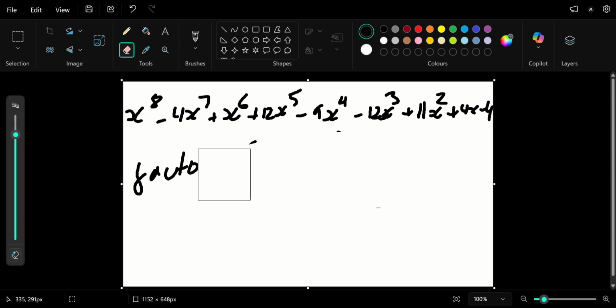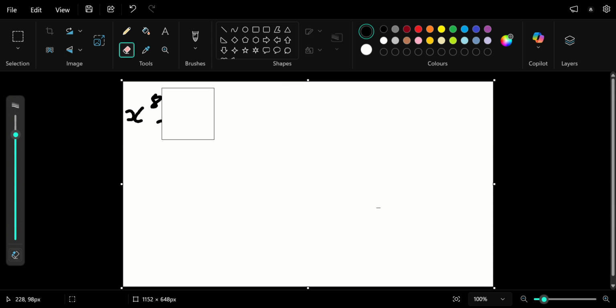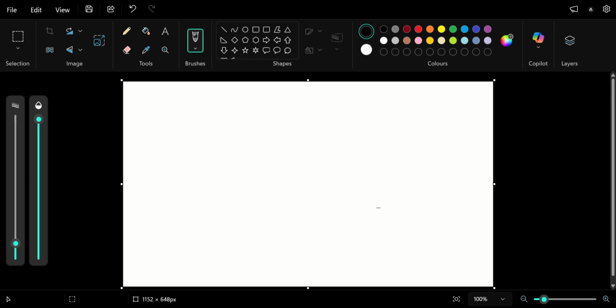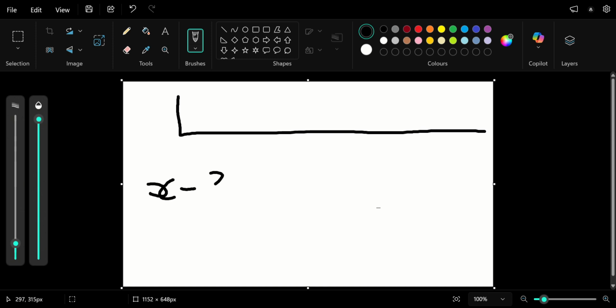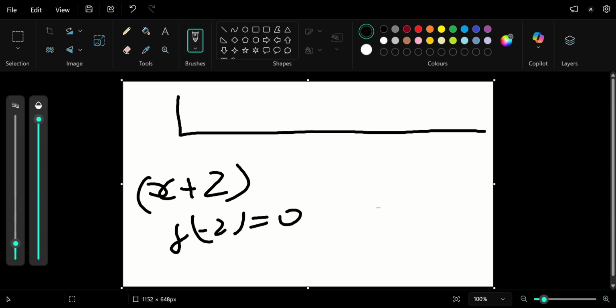Now, let's solve the question. Let's set up our reverse bus stop. We know that x plus 2 is our factor. So in this case, f of minus 2 has to equal 0 according to factor theorem.